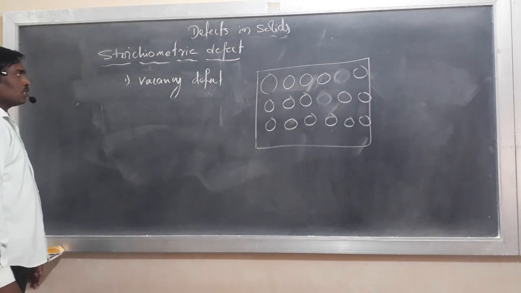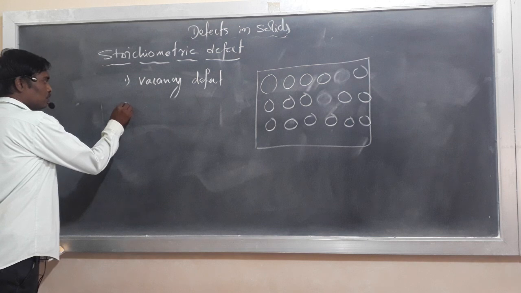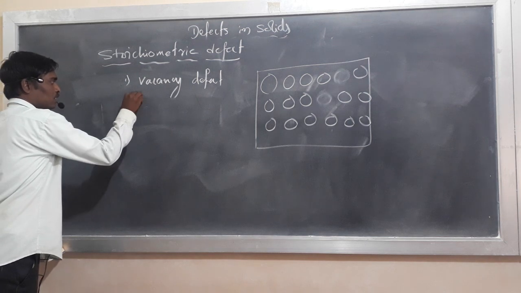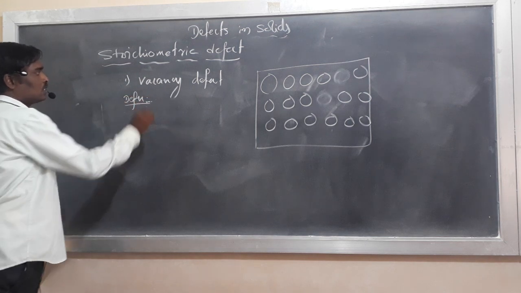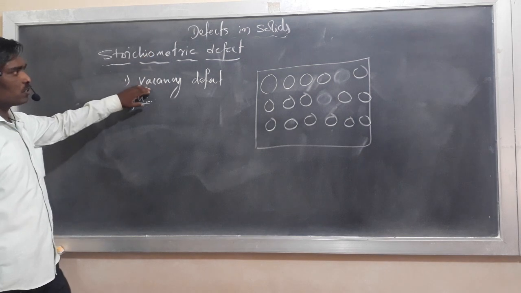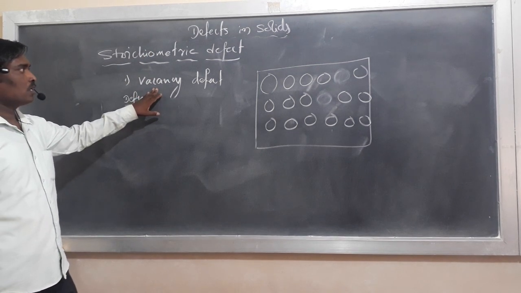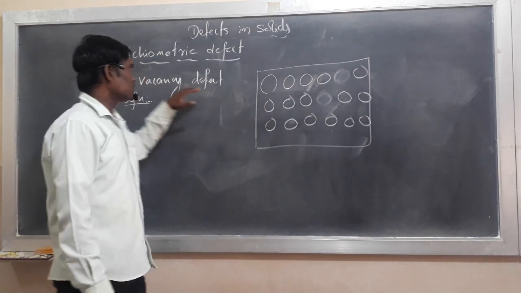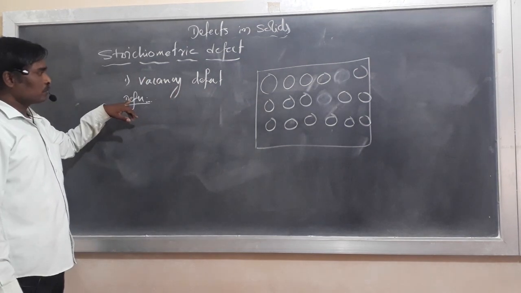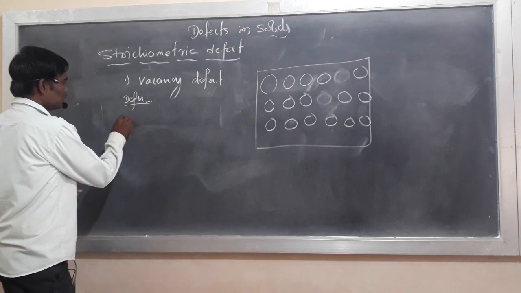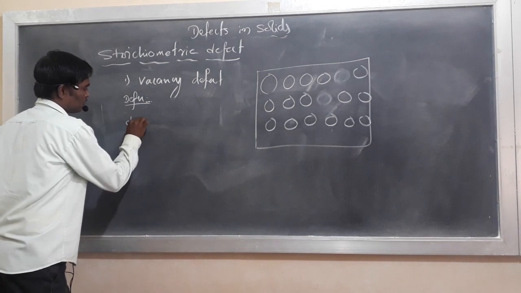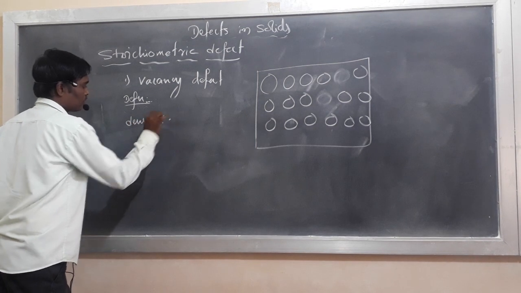This is the definition of the vacancy defect: a stoichiometric defect in which some lattice points are vacant. Another point is the density in a vacancy defect.